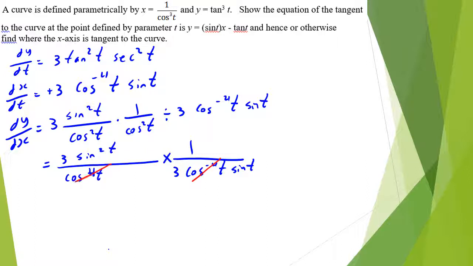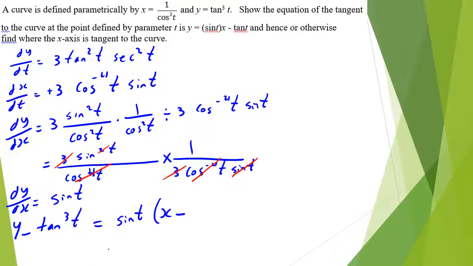Now that one with this one simplifies, because when you multiply you add powers, so that gives me 0. One of the sines will simplify, and the 3 will simplify. So the final answer, dy over dx, is equal to sine t. So now they say the equation of the tangent, so I'll just substitute y minus the y point, I'll write this sine t times x minus cosine cubed t.